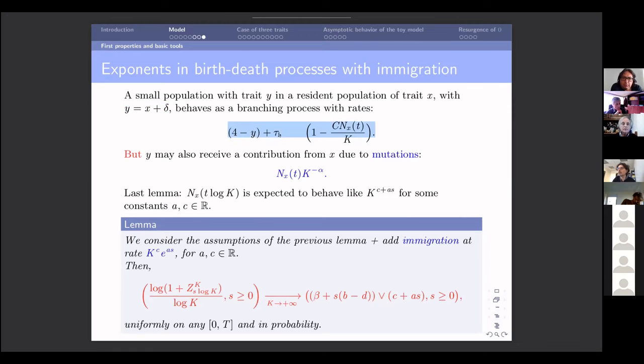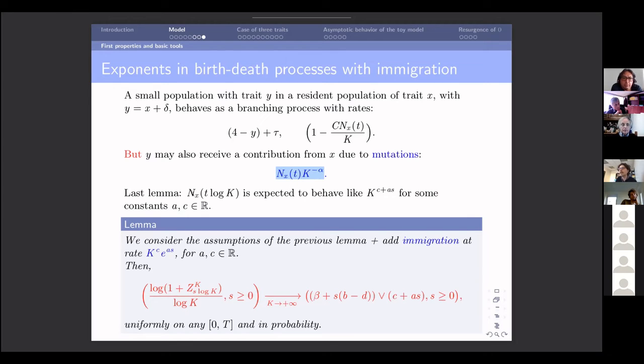It has this birth rate, this death rate, and it may have mutations incoming from trait x. And if x follows some dynamics of the order K to something, then since the mutation probability is K to the minus alpha, I get this rate of immigration in my population, n_x(t) times K to the minus alpha.